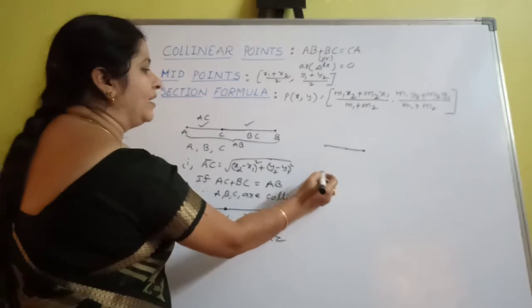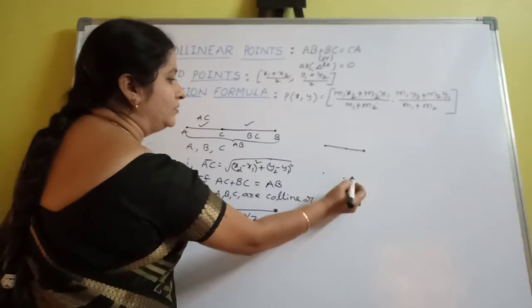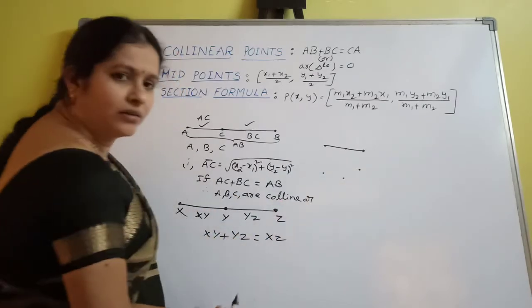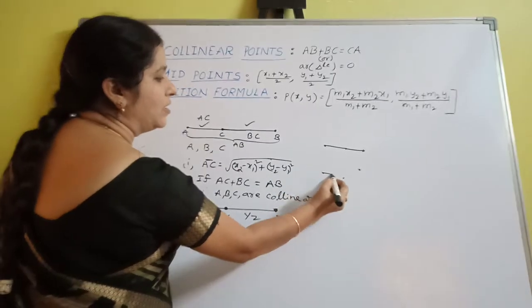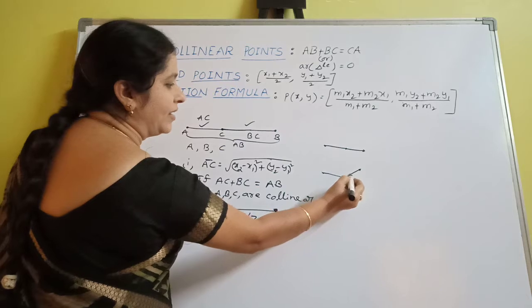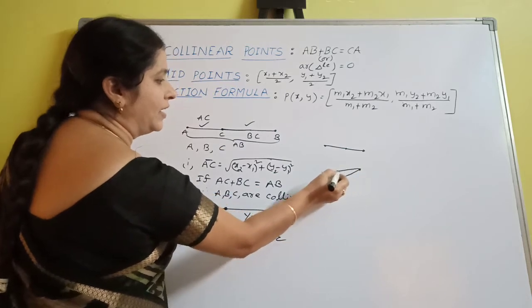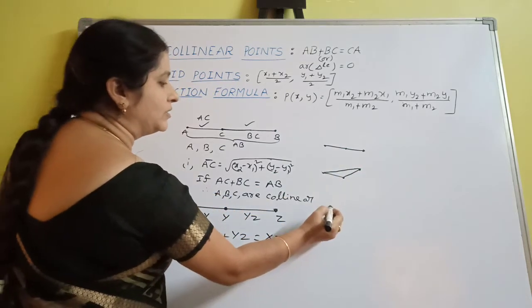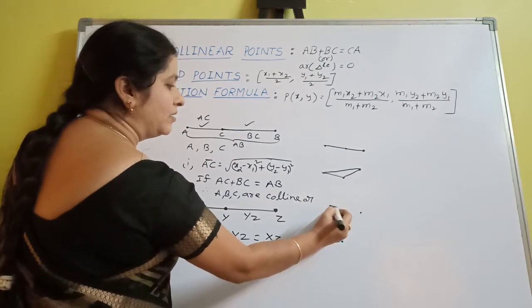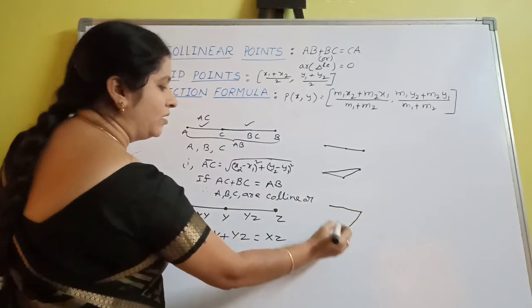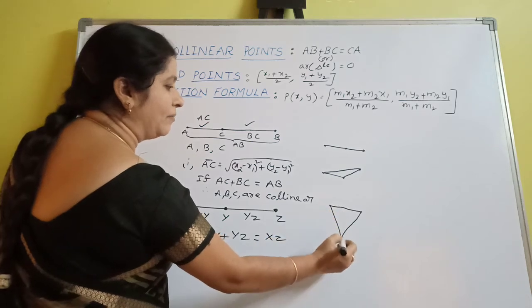So for a triangle, definitely the 3 points are not collinear. Suppose we are taking the 3 points like this, you can make a triangle easily by using these 3 points. Suppose the 2 points are here and the third point is here. So here also we can form a triangle by using these 3 points.